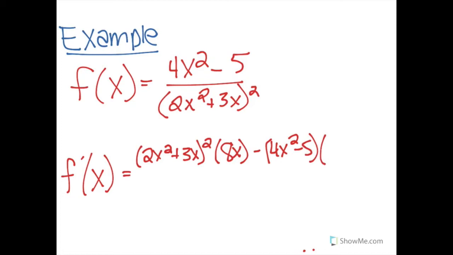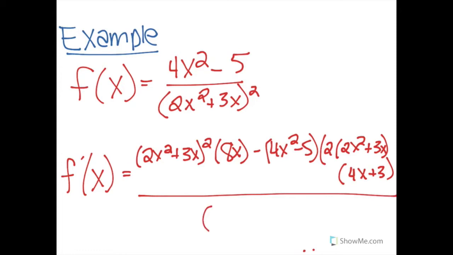We have to use the chain rule, so we'd have 2 times 2x squared plus 3 times the derivative of the inside, which is 4x, all over ho.